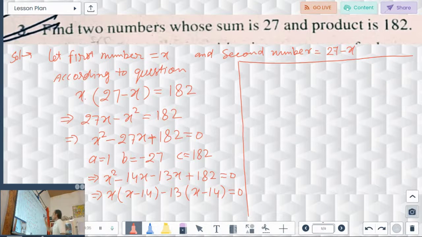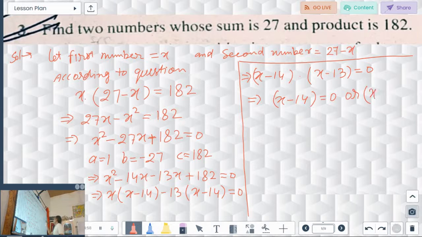Now x minus 14 and x minus 13 equal to 0. There are two factors: x minus 14 equal to 0 or x minus 13 equal to 0. Then x equal to 14 or x equal to 13.